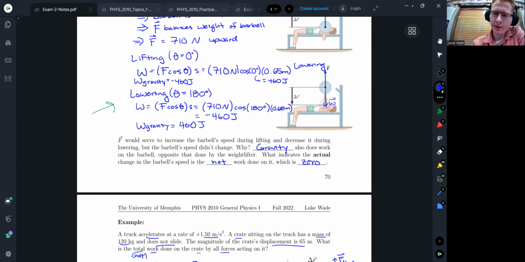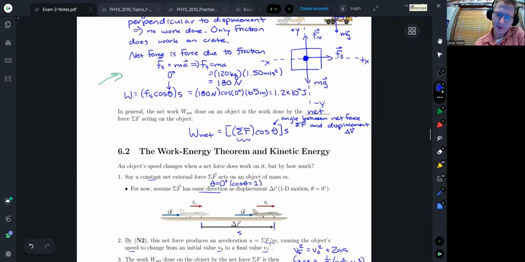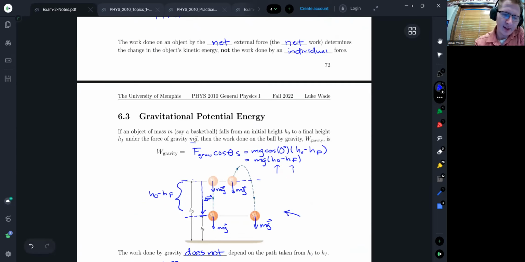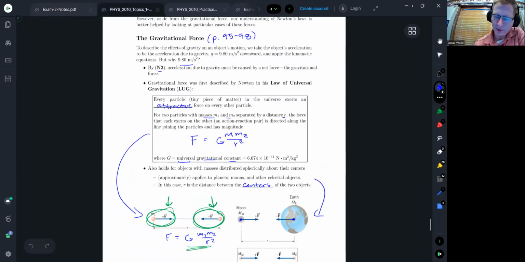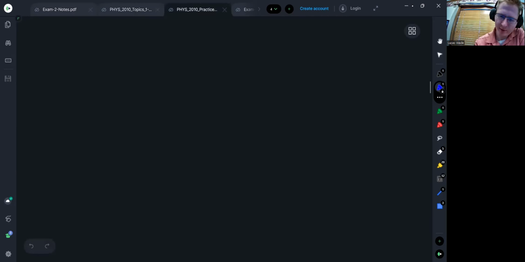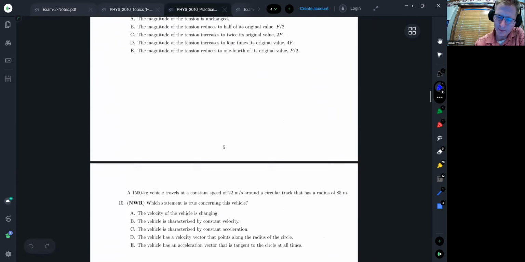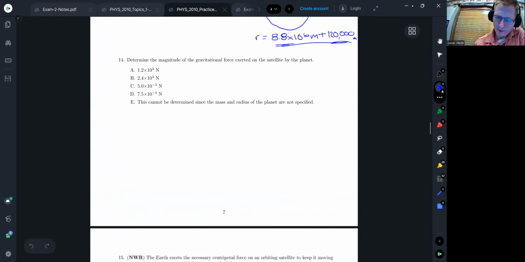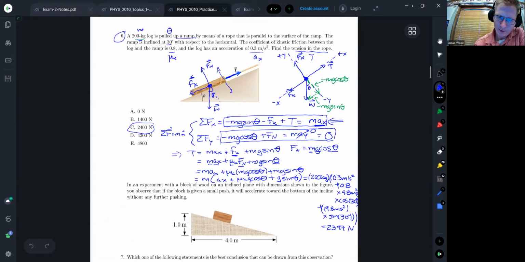Okay. So really a good example of that probably is that problem we just did with the log, which is over here. There it is.